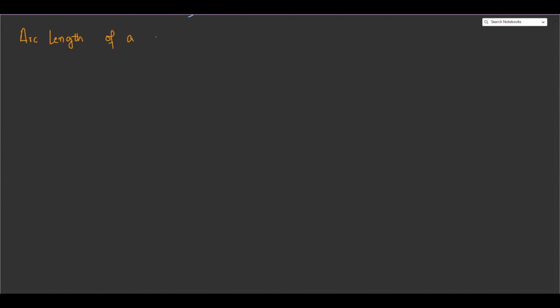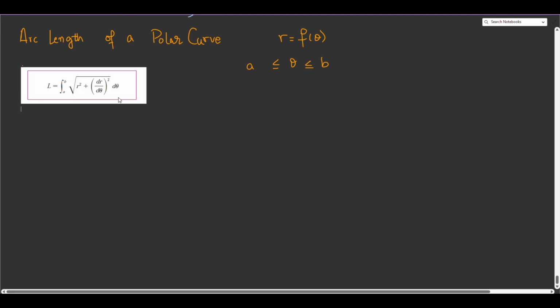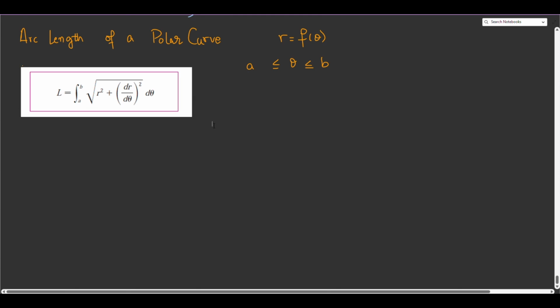So suppose that the polar curve is given by r equals f of theta, and theta varies from a to b, and what we have to do is find the length of this polar curve.